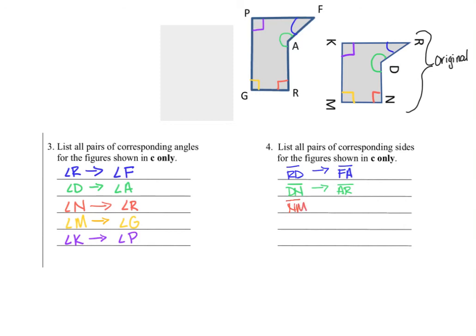You'll do segment NM, segment MK, and segment KR. Go ahead, pause the video, and find the corresponding segments for these three segments. So segment NM corresponded to RG, segment MK corresponded to GP, and segment KR corresponded to PF.